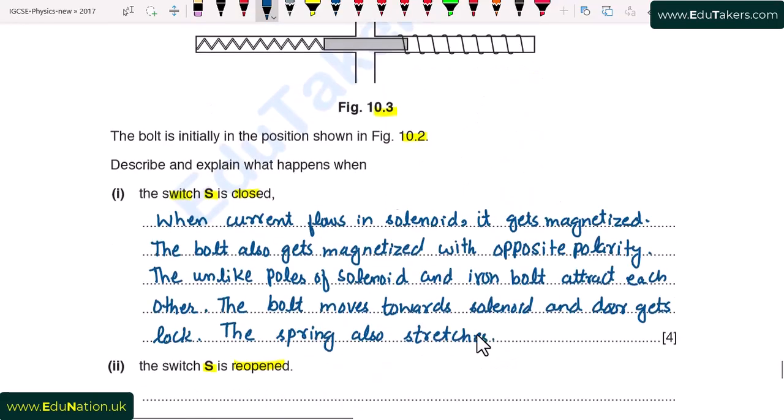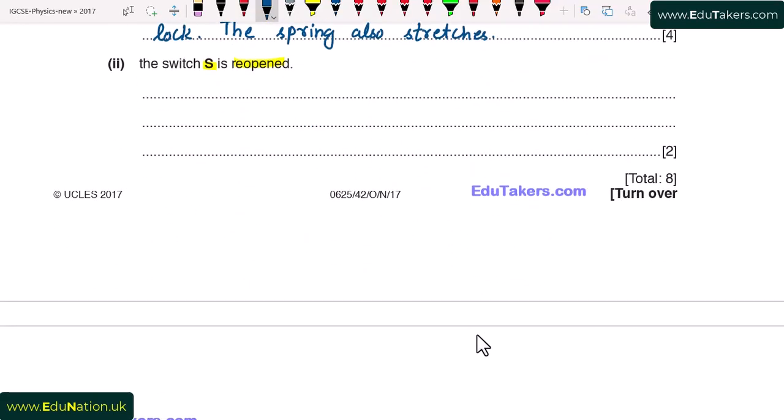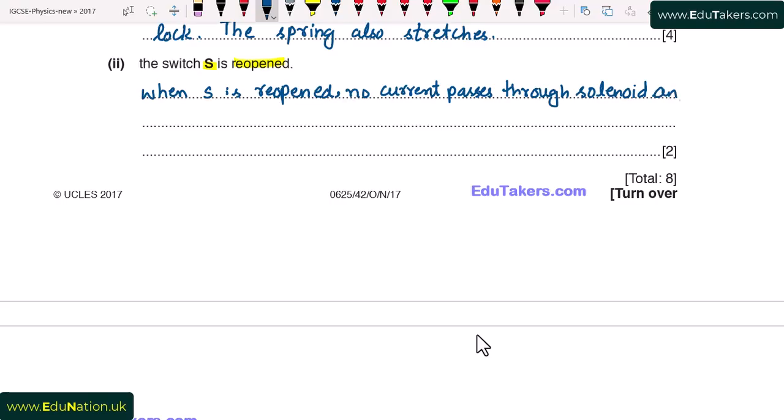So I write here, when S is reopened, no current passes through the solenoid and it gets demagnetized.